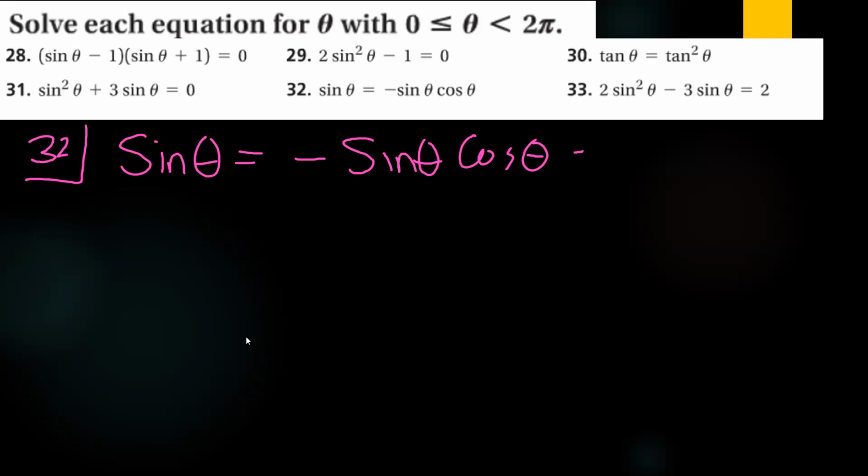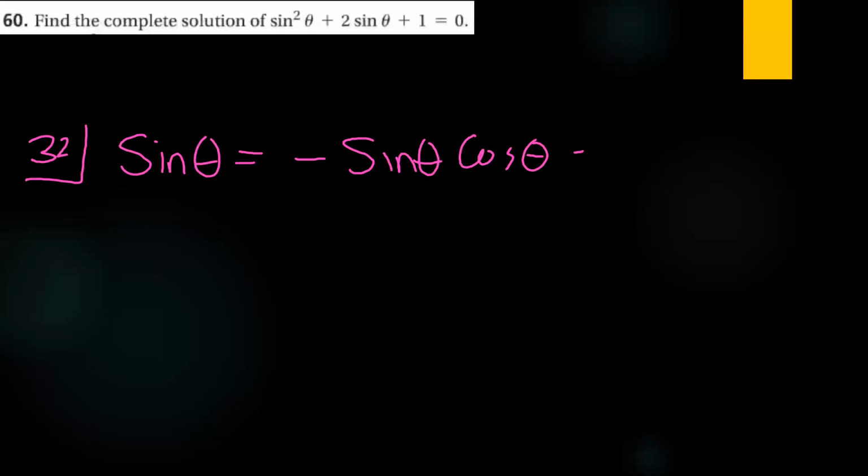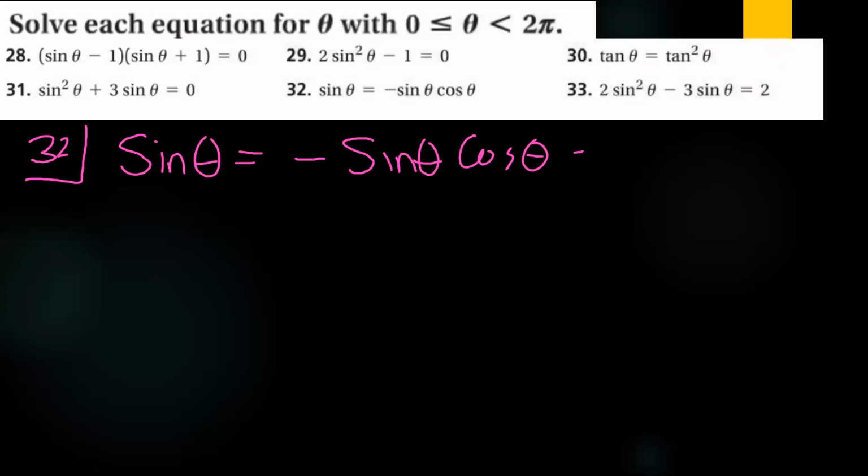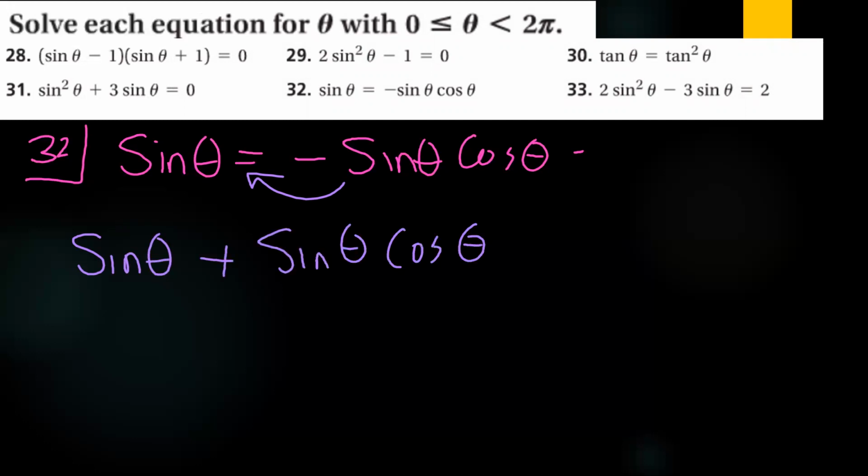When sine of theta equals negative sine theta cosine theta, the first step is to move negative sine cosine to this side. So it will be sine of theta plus sine of theta cosine theta equals 0.